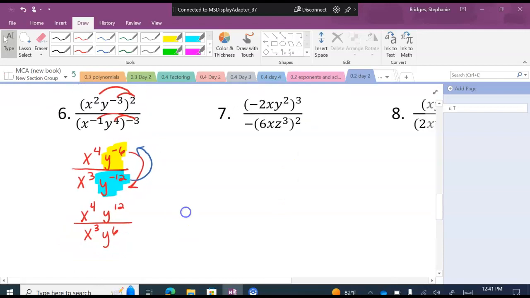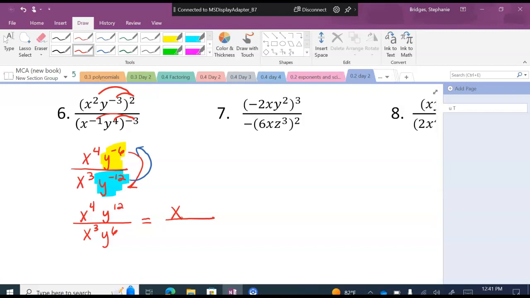Where do I have more x's, at the top or at the bottom? How many more? 1, okay. Where do I have more y's, at the top or at the bottom? How many more at the top? 6. If there's nothing at the bottom, what do I put? A 1.